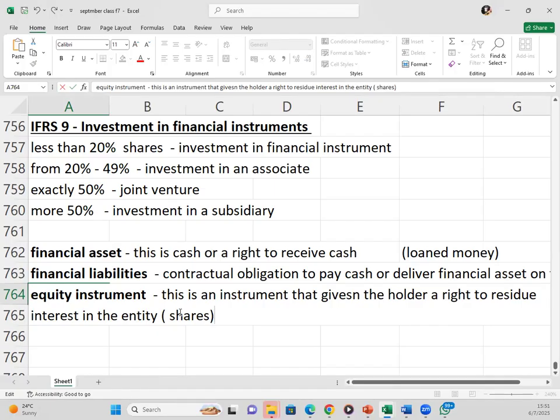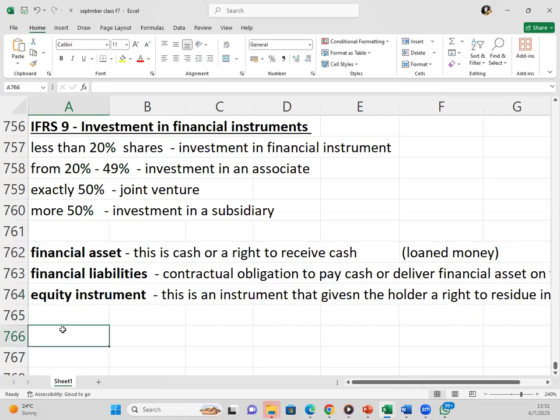The person who has the shares is now entitled to what remains after the business has been dissolved. They have a share in the residue income. So those are the terms: the financial asset, the financial liability, the equity instrument.